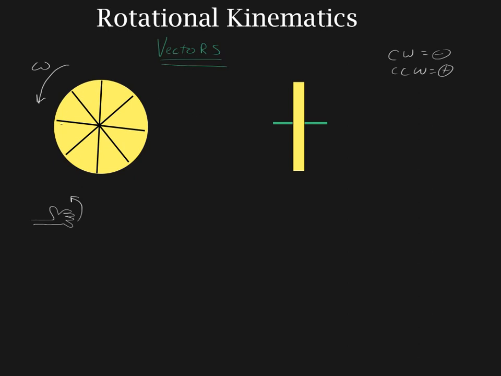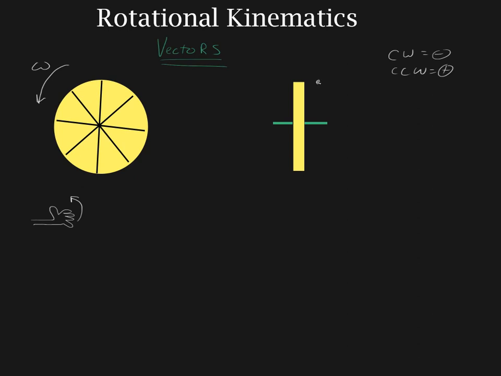So what I have here is this wheel. It's rotating in the counterclockwise direction, and this is looking at it from the side. But what we're going to do is rotate it so we're looking at it from the front. And this line here represents the axle that the wheel is spinning on, and the top of the wheel is rotating in your direction, and the bottom of the wheel is going into the page.